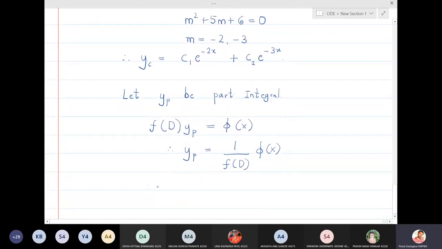Therefore yp is equal to 1 upon f(D), which is d square plus 5d plus 6, into the right hand side, e raised to minus 2x sec square x into 1 plus 2 tan x.